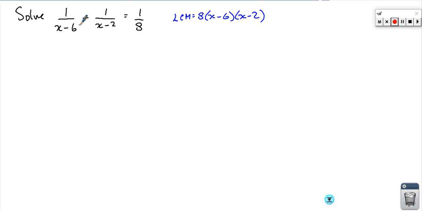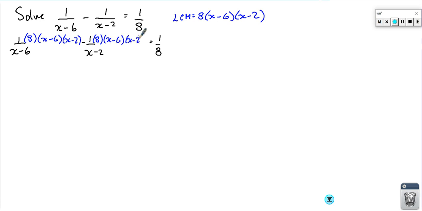So I'm going to multiply each term by the LCM, alright? So I'm going to write it down again: 1/(x - 6) - 1/(x - 2) = 1/8, and each term is going to be multiplied by 8(x - 6)(x - 2).